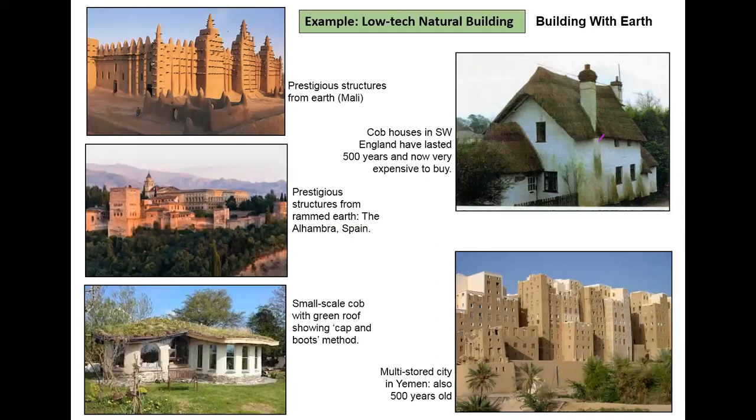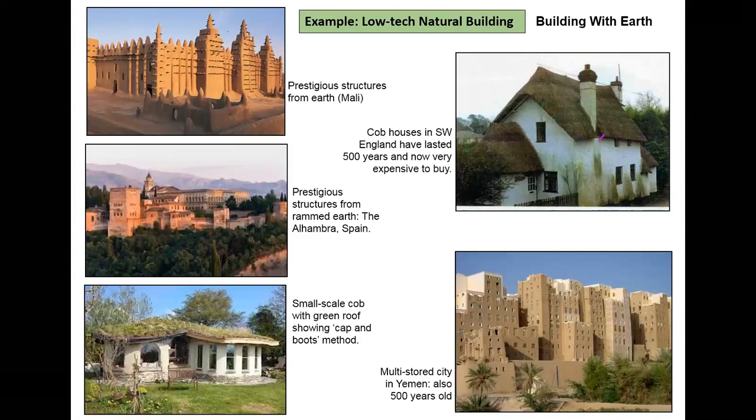Below, the equally impressive and prestigious Alhambra in Spain, which is also built from, I think it's rammed earth in this case. At the bottom, there is one of these very cute little cottages with a green roof, which insulates and cools.